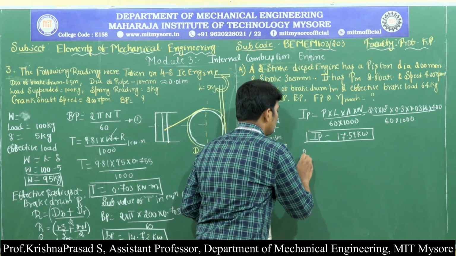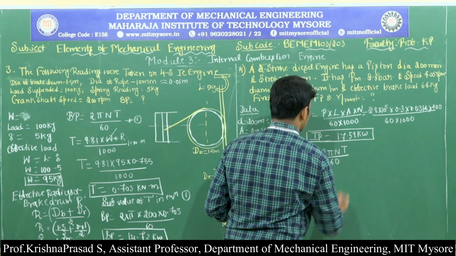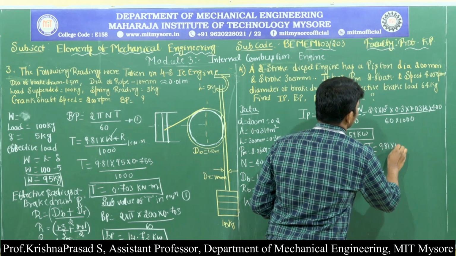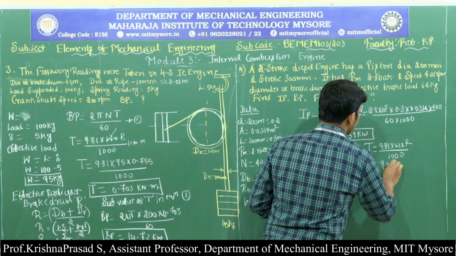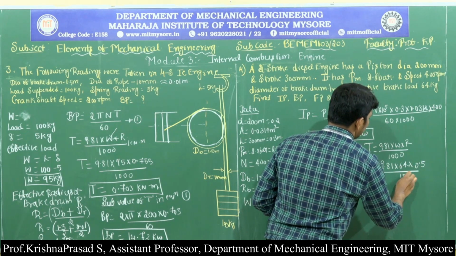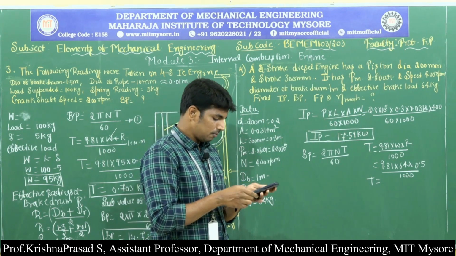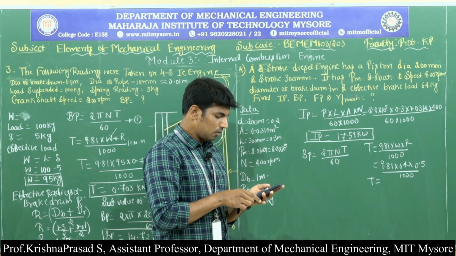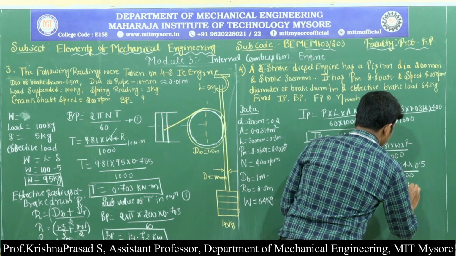Then we need to calculate the value of BP. The formula for BP equals 2 pi NT by 60. For the torque we know the formula 9.81 into W into R divided by 1000. W is 64 kg and effective radius is 0.5. So the torque is 9.81 into 64 into 0.5 divided by 1000, that is 0.313 kilonewton meter.